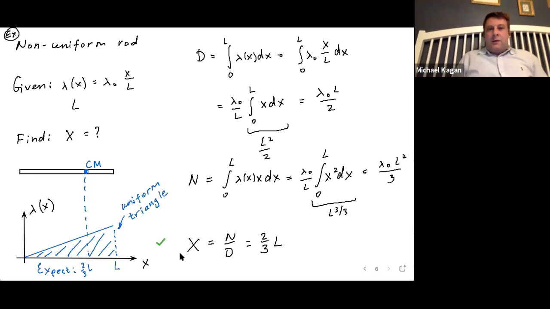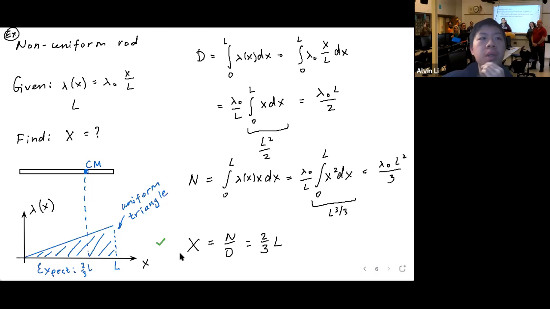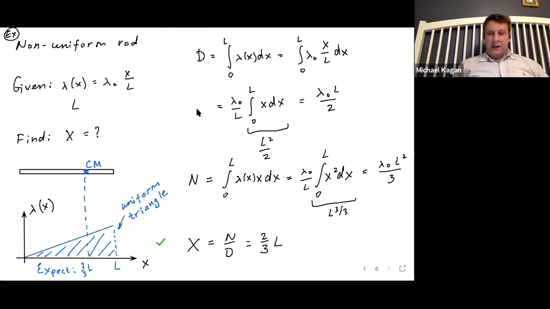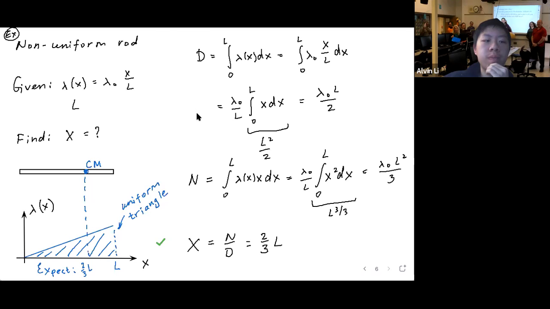Share with me. Can you represent each layer as a small disk? Right. So then the mass of each disk is some density times pi r squared.